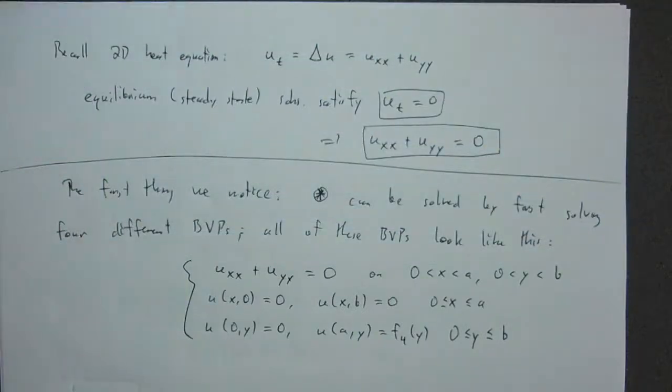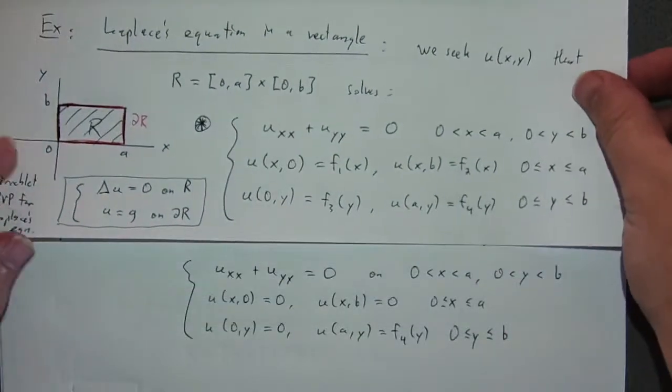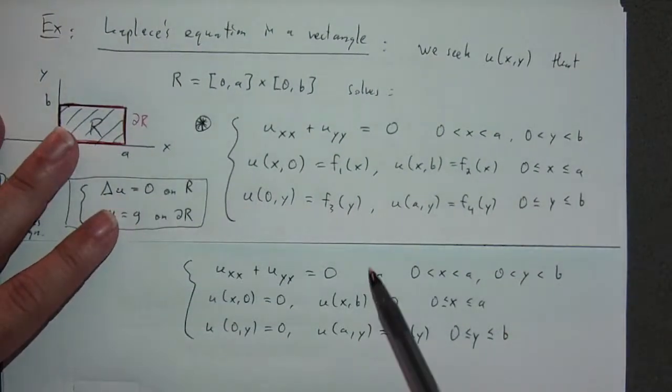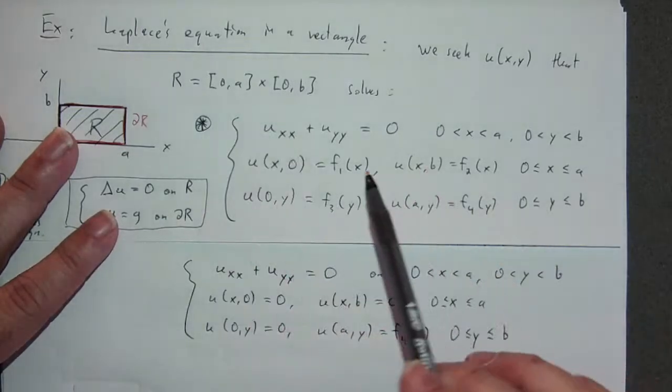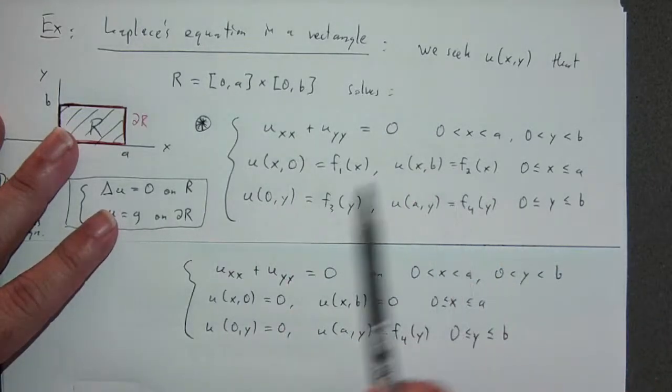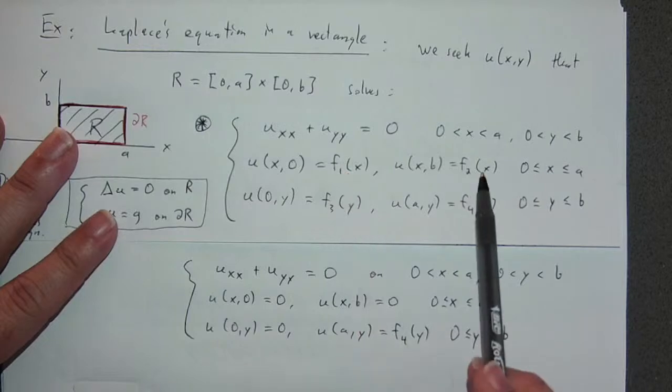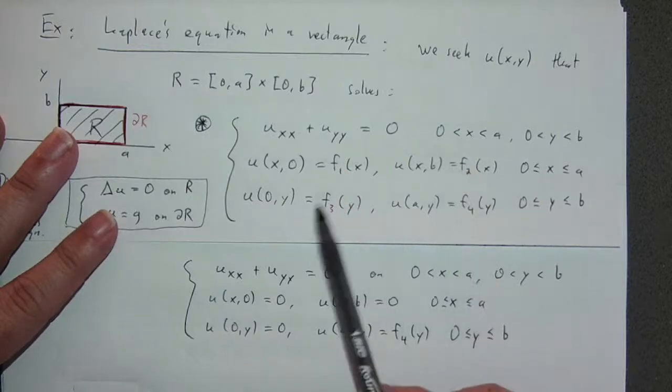Now, why do I say that I can solve this by first solving four different BVPs, all of which look like this? What I'm talking about is I could solve a BVP where f sub 1 is the only one that's non-zero. So f sub 1 is generic, and f sub 2, f sub 3, and f sub 4 are all 0.